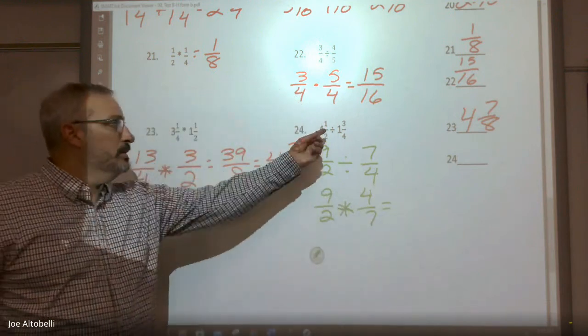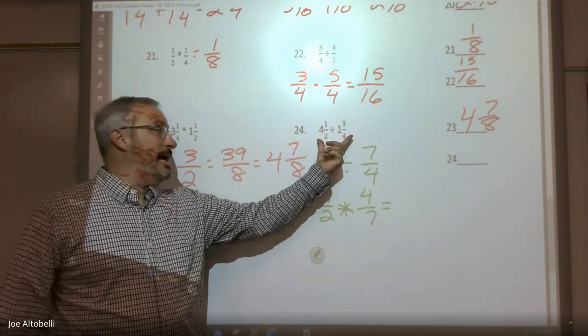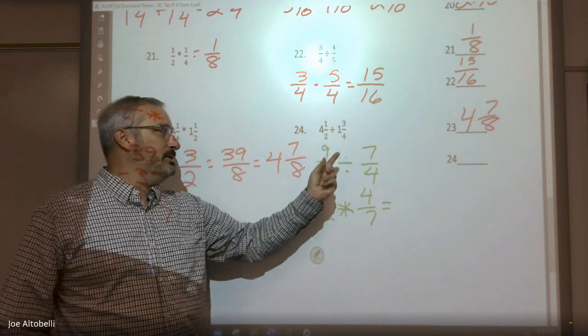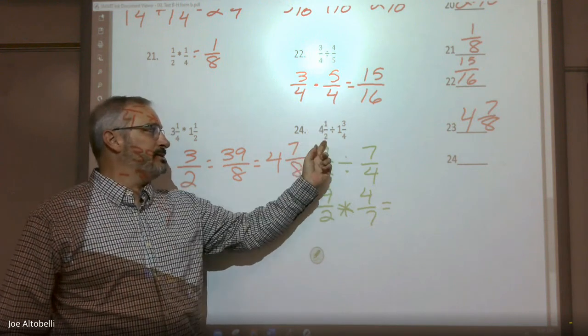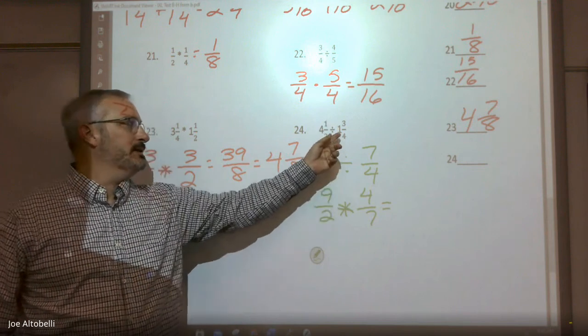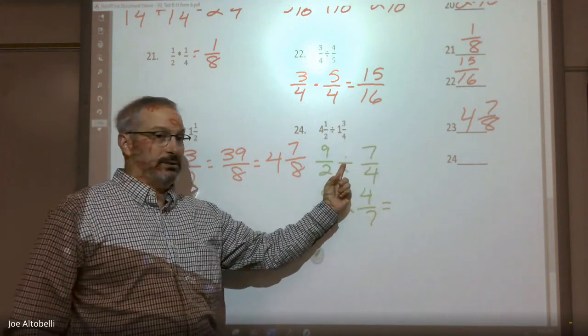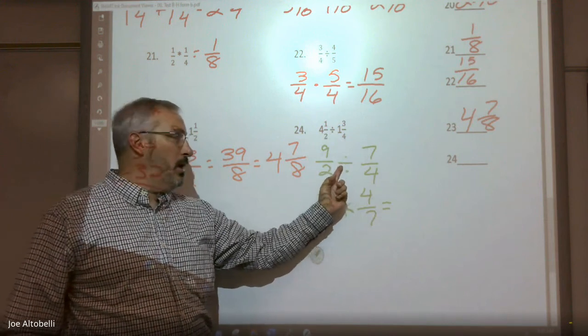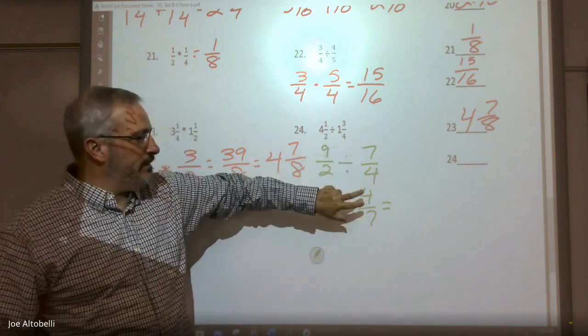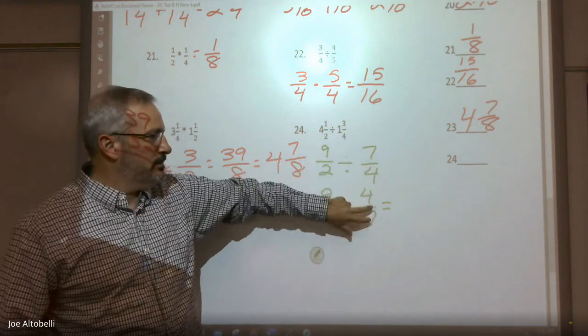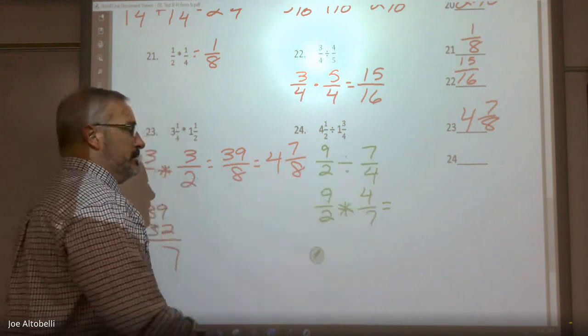Okay, so dividing or multiplying, I have to change these to improper fractions. So bottom times big plus top, I get 9/2. 4 times 1 is 4, plus 3 is 7/4. I'm still dividing, so now I have to change it to multiplying, and then the reciprocal here. Okay?